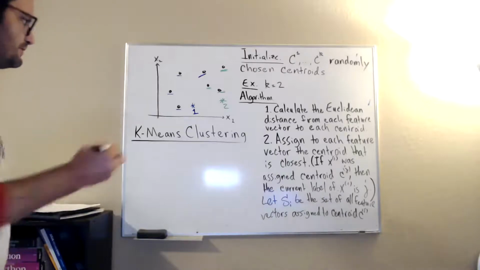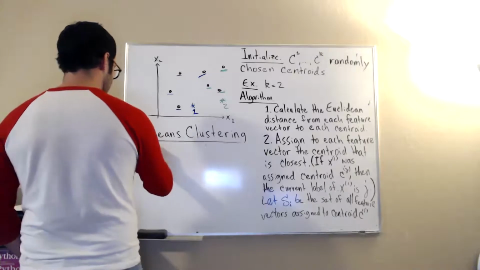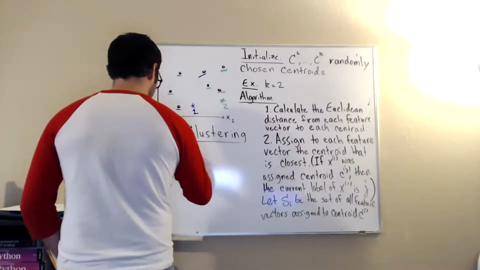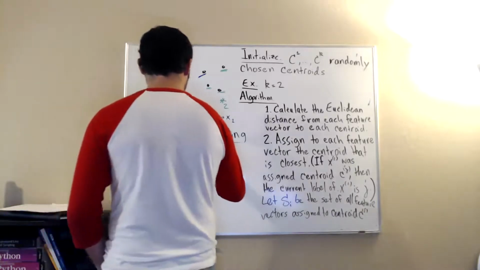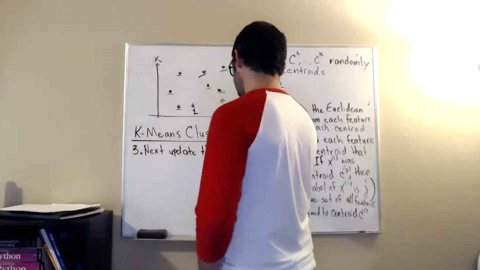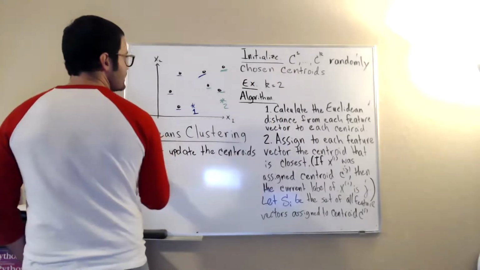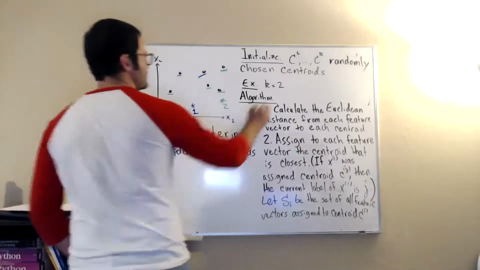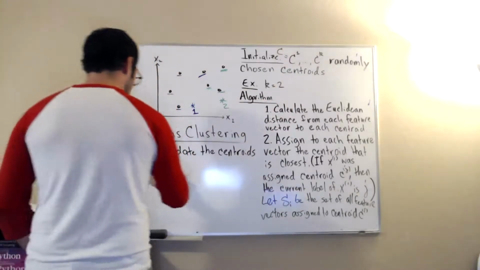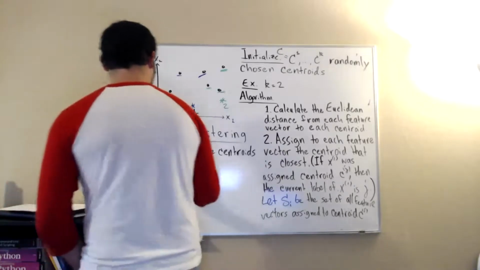So now, part 3, the next step is to update the centroids in C. I'll call C the collection of those centroids, by the following equation.